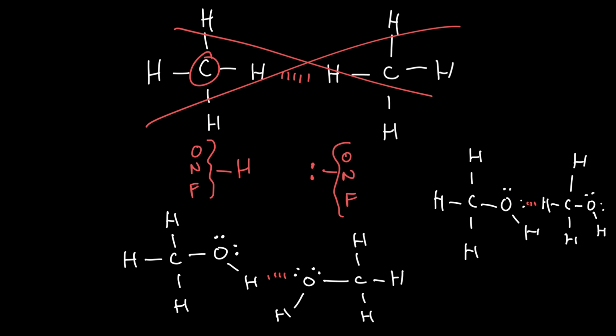Well, you've got the lone pair on the oxygen there, so that is the acceptor. You've got the hydrogen on something that looks like the donor, but it's on a carbon. And remember, hydrogen on a carbon is not a donor. Hydrogen has to be on either a nitrogen, an oxygen, or a fluorine to be a donor. So this does not count.